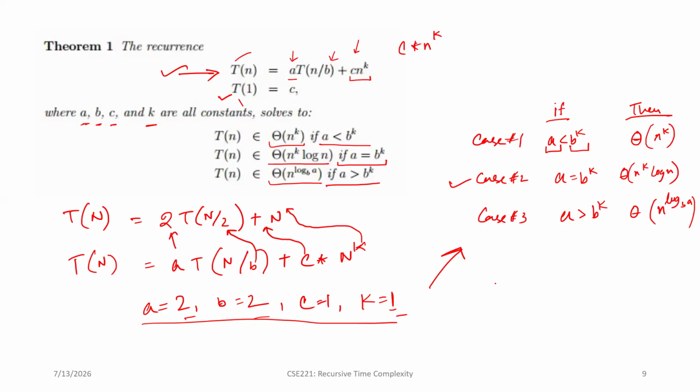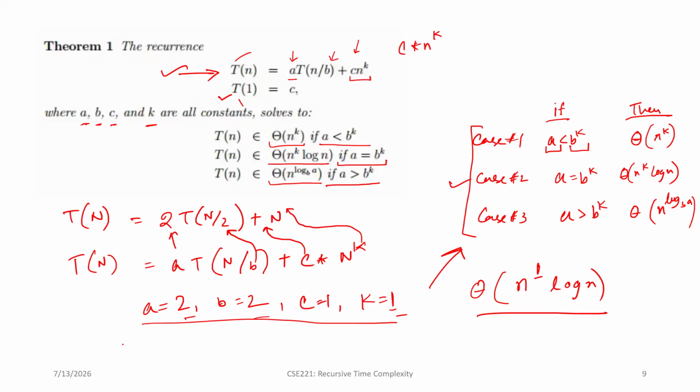So the time complexity will be theta of n to the power k times log n. Just like that. দেখো কোনো সাবস্টিটিউশন, কোনো ইকুয়েশন লিখতে হলো না, কোনো ইন্টিগ্রেটিভ অ্যানালিসিস করতে হলো না। We just put some values in an if-else logic setup, and then it will give us the time complexity.